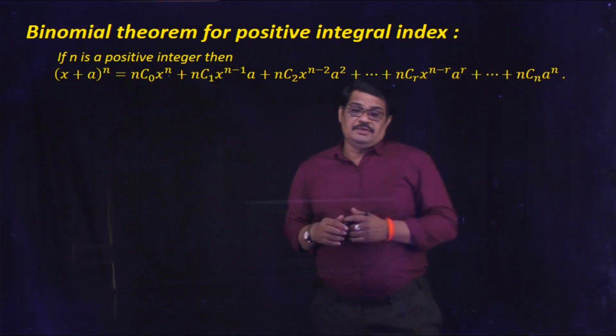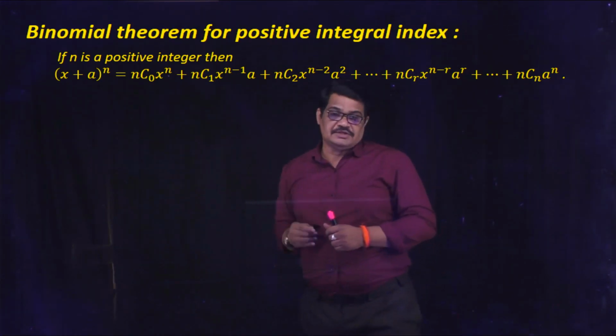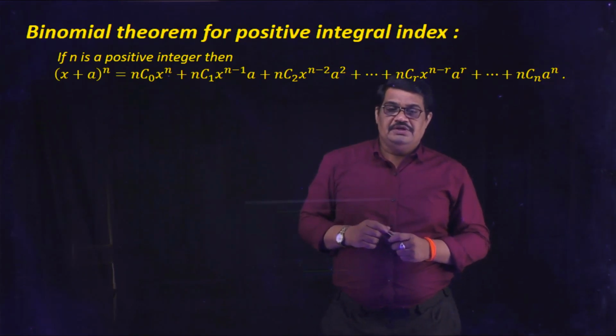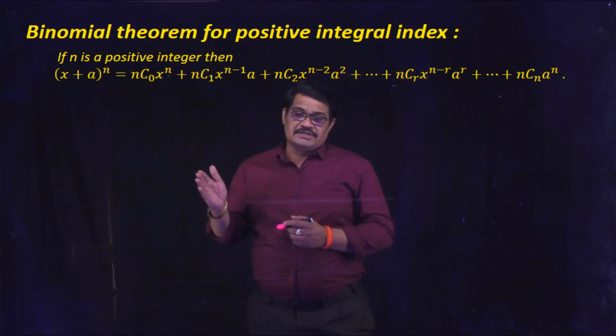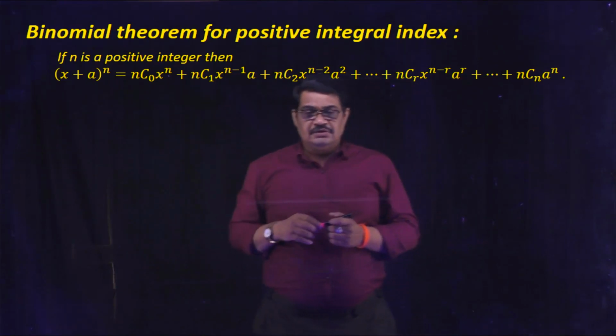So that is the binomial expansion. Here the power index is a positive integral value, n is a positive integer, so the expansion is this one.